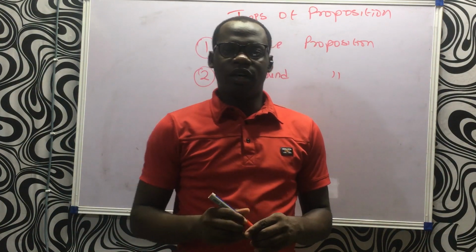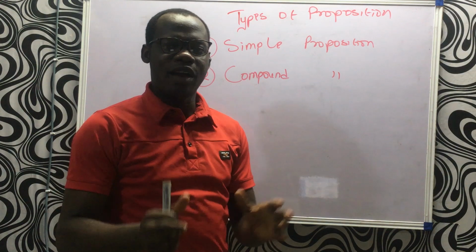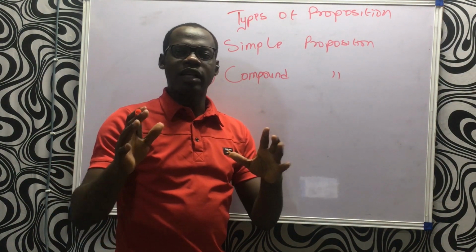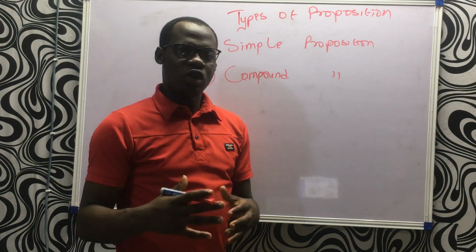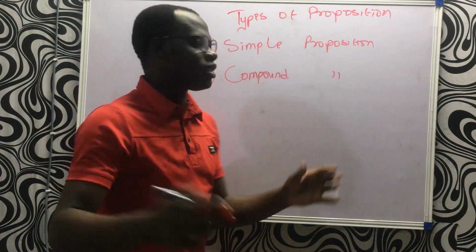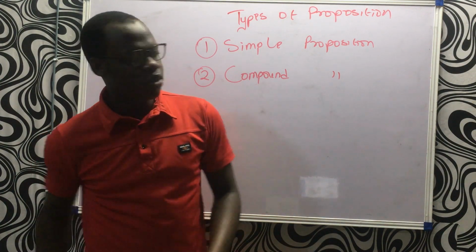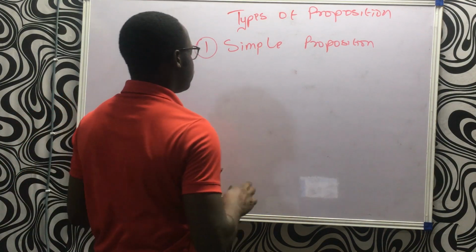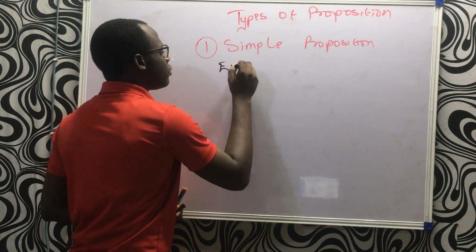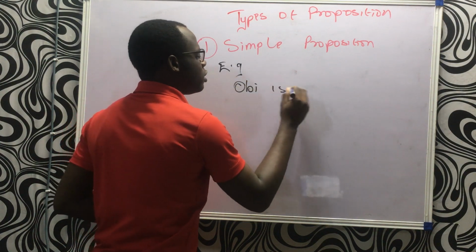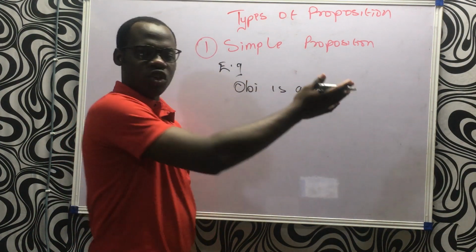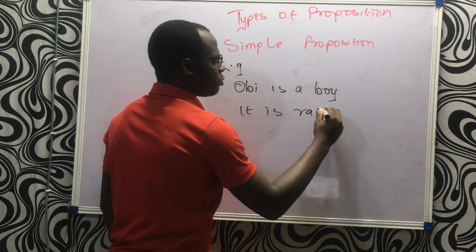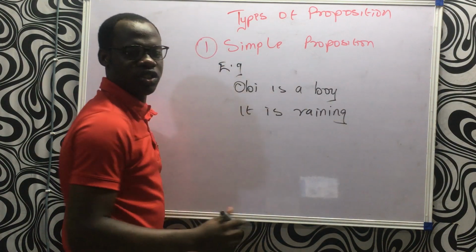A simple proposition is one which does not have a conjunction. So we can say this is made up of one statement. Looking at the simple proposition, we have Obi is a boy. This is just a statement. It is raining. This is just a statement.